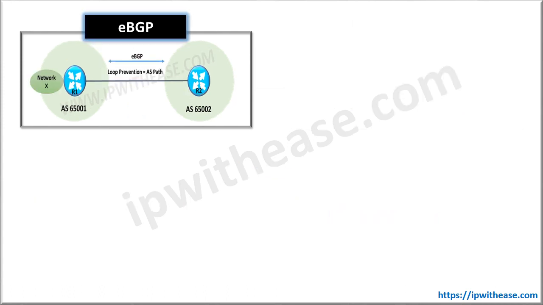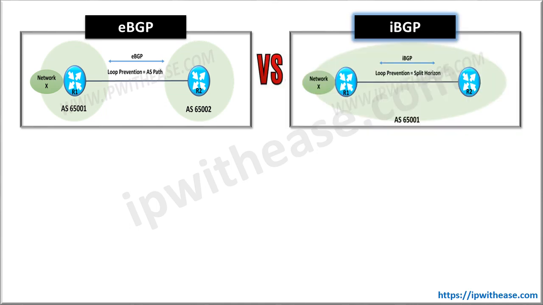In case of eBGP, that is between R1 and R2, AS path is the method used for loop prevention. However, in the second diagram, for IBGP neighbors, that is between R1 and R2, split horizon is the primary method utilized in order to prevent loops.